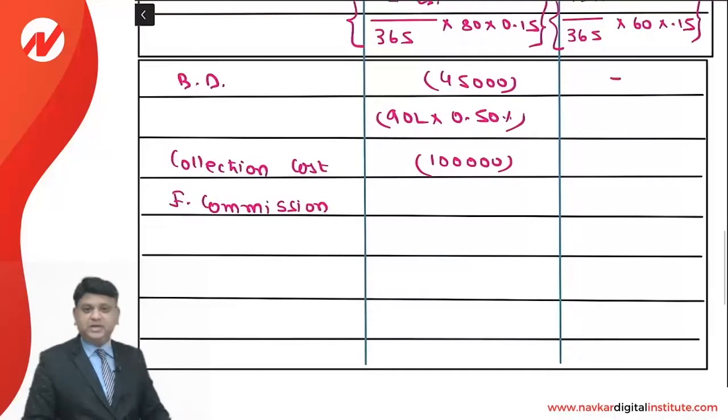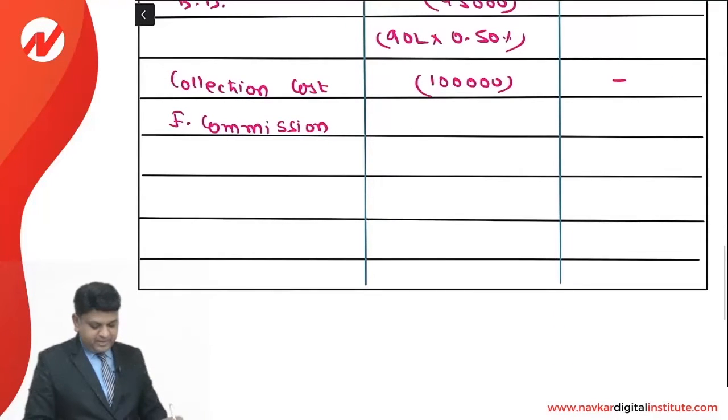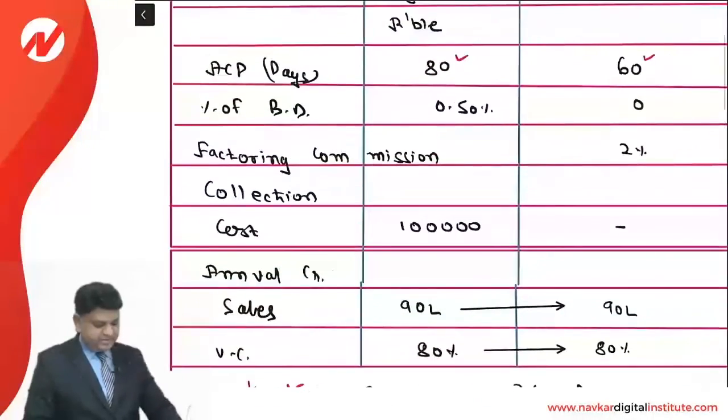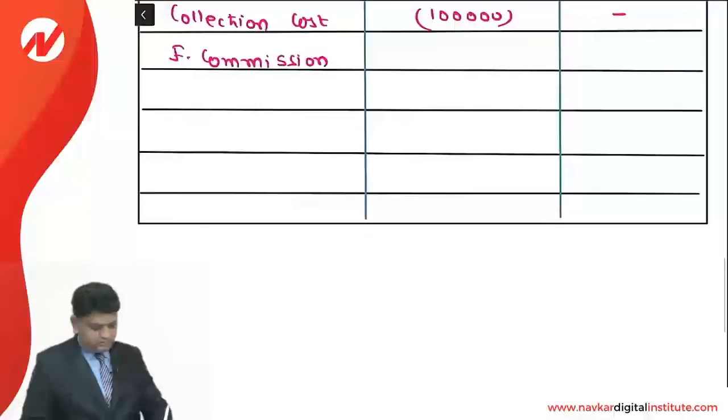Bad debts will not be incurred. There is a clarification made in the question that it is non-recourse. Collection cost will not be incurred. Factoring commission is provided to us. The factor will charge commission at the rate of 2%. So it is 90 lakhs into 2%.